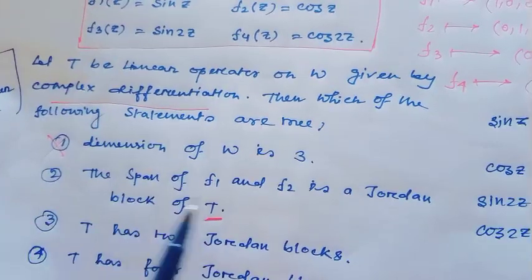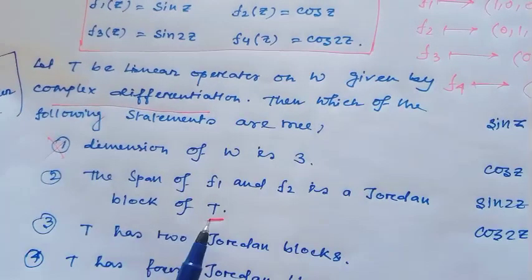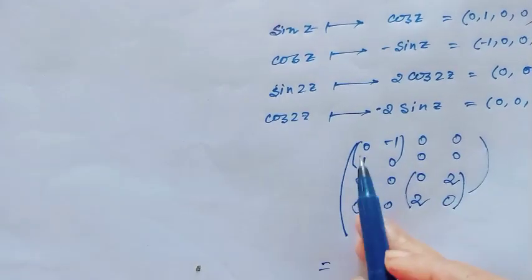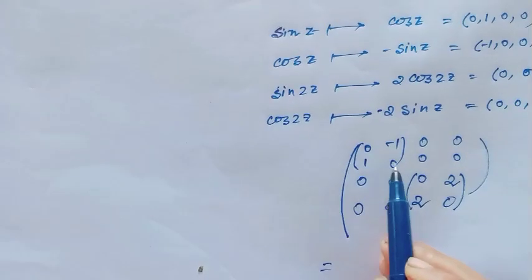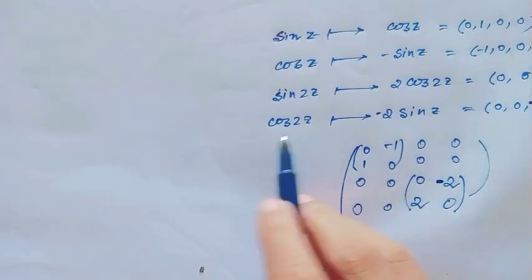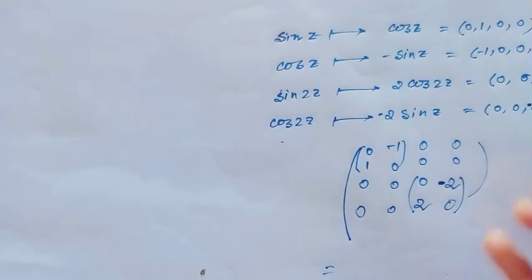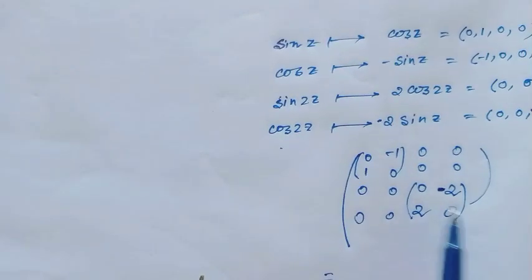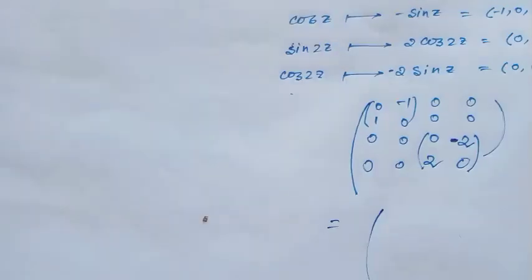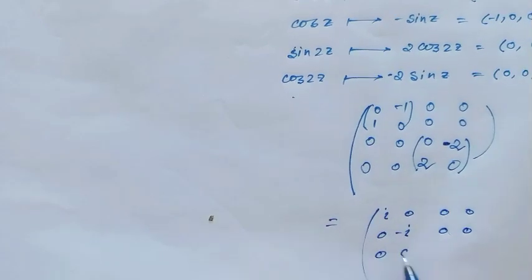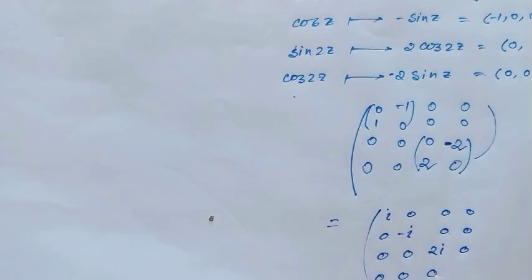The second option says the span of f1 and f2 is a Jordan block of T. For this, the eigenvalues here are plus minus i, because the derivative of cos z is minus sin z, and here the eigenvalues would be plus minus 2i, because the derivative of cos 2z is minus 2 sin 2z. So the Jordan form would be of this type: i, 0, 0, 0, minus i, 0, 0, 0, 0, 2i, 0, 0, 0, minus 2i. Have you understood this Jordan block?